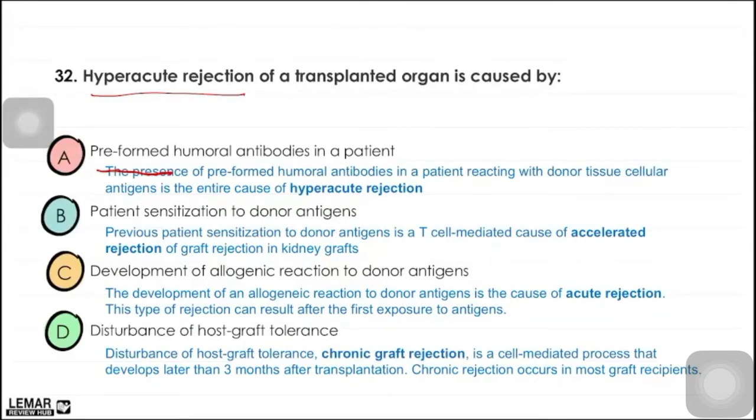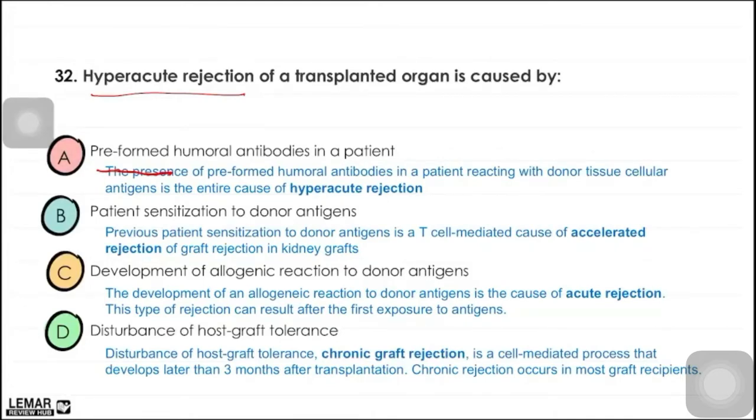Letter C, development of allogenic reaction to donor antigen. This is observed in an acute rejection. This rejection can result after the first exposure to antigen.